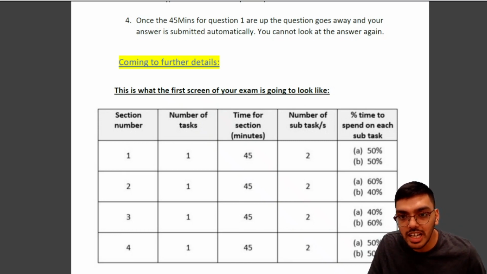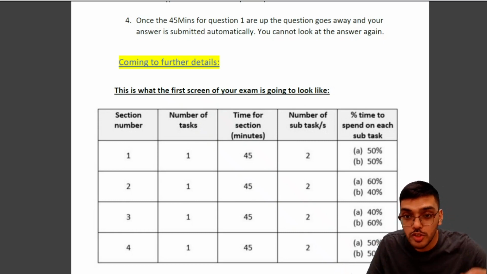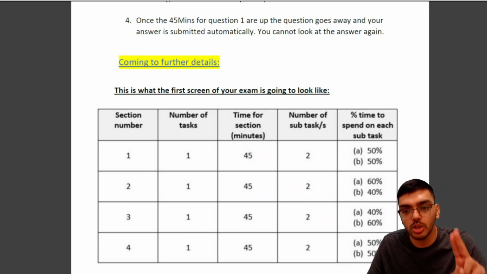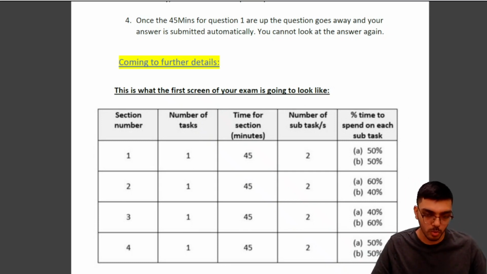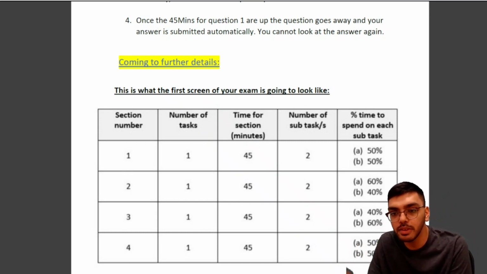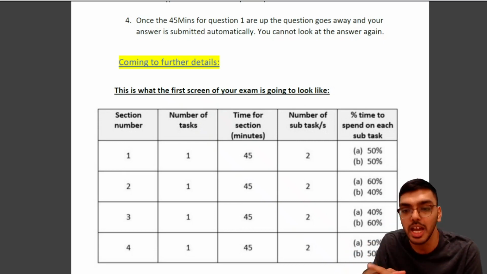And then they'll tell you the percentage weightage for each task. It's so clear over here that there are 2 tasks in question number 1, and both are worth 50-50% of the marks or 50-50% of the time.